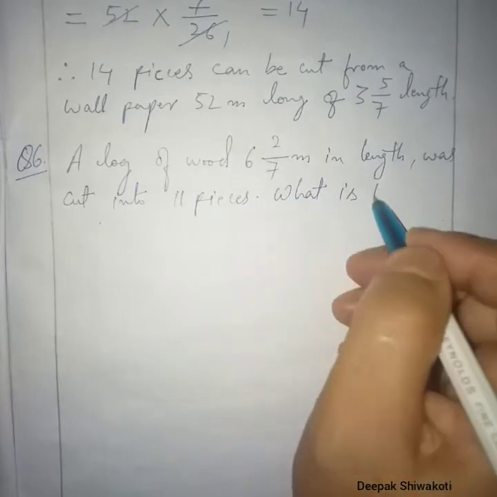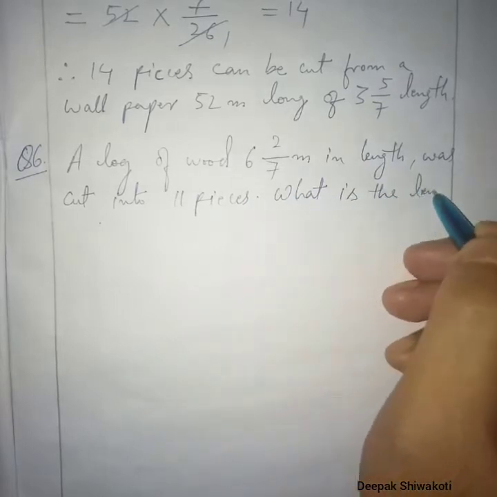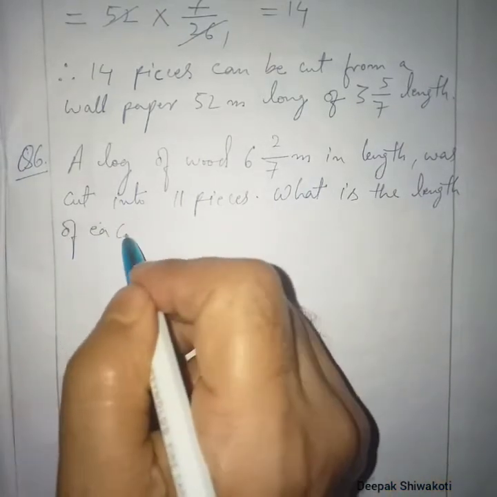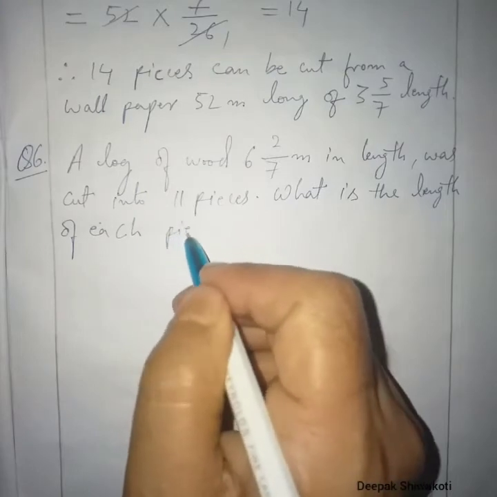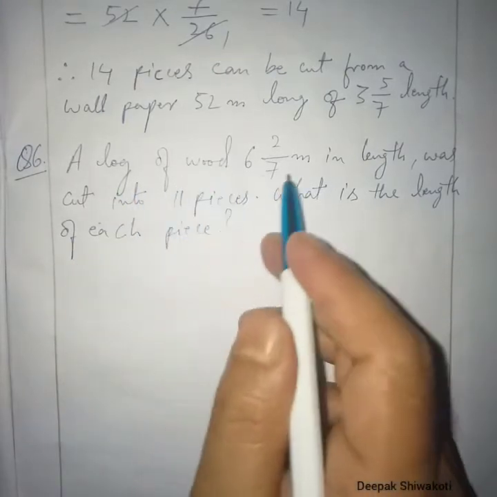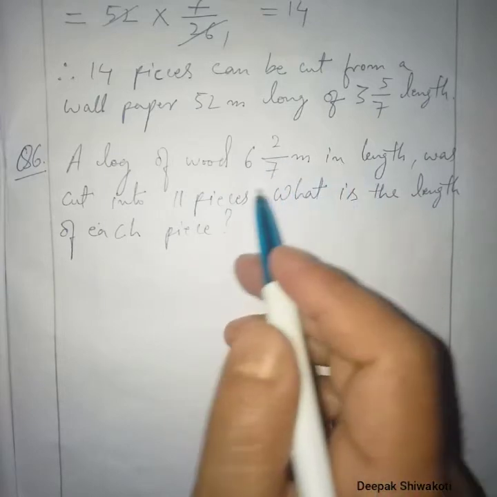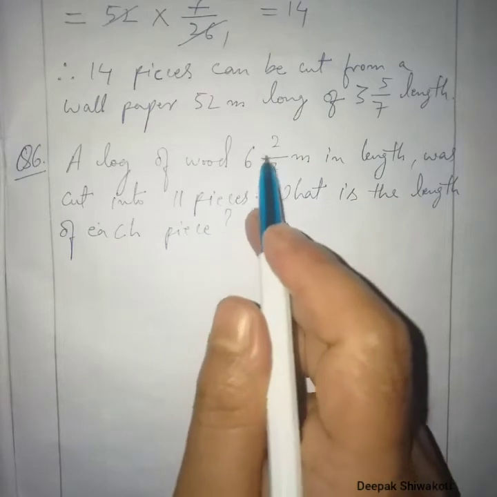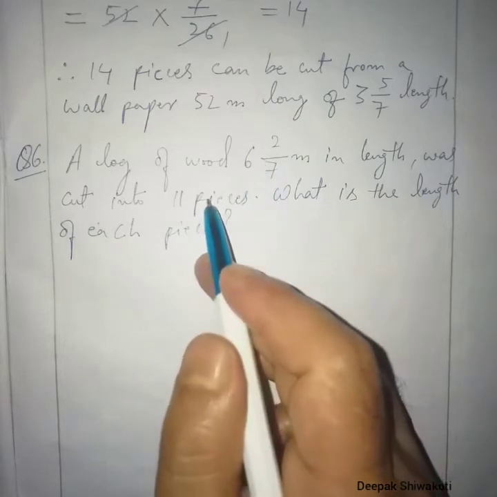What is the length of each piece? I think this you can do it. A log of wood this many meter in length, we have to cut this into 11 pieces. That means we have to divide this one by 11, isn't it?